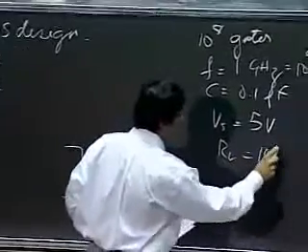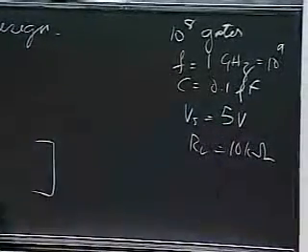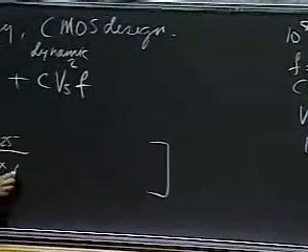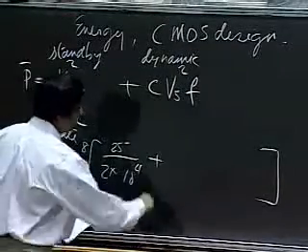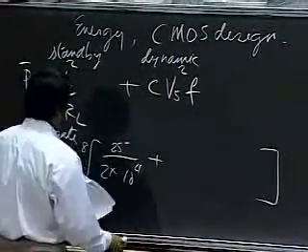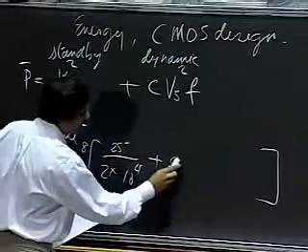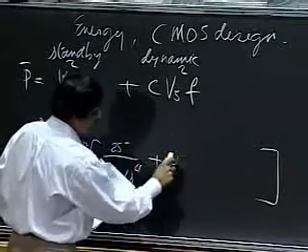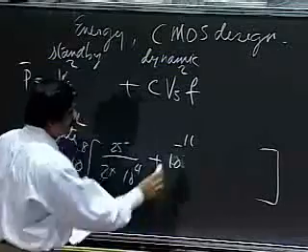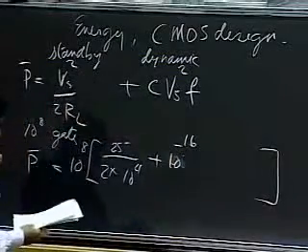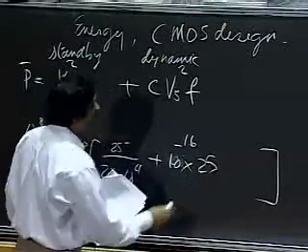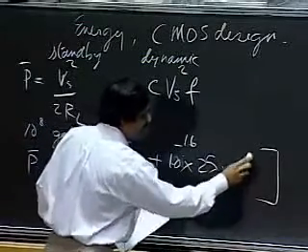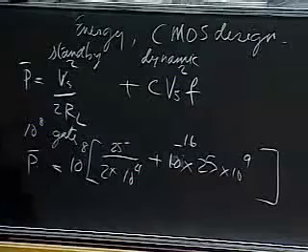RL was given to be 10 kilo ohms, so twice 10 to the 4. And here we had CVs squared. C was 10 to the minus 16, 0.1 femtofarads. Vs squared was 25, and F was 10 to the 9.